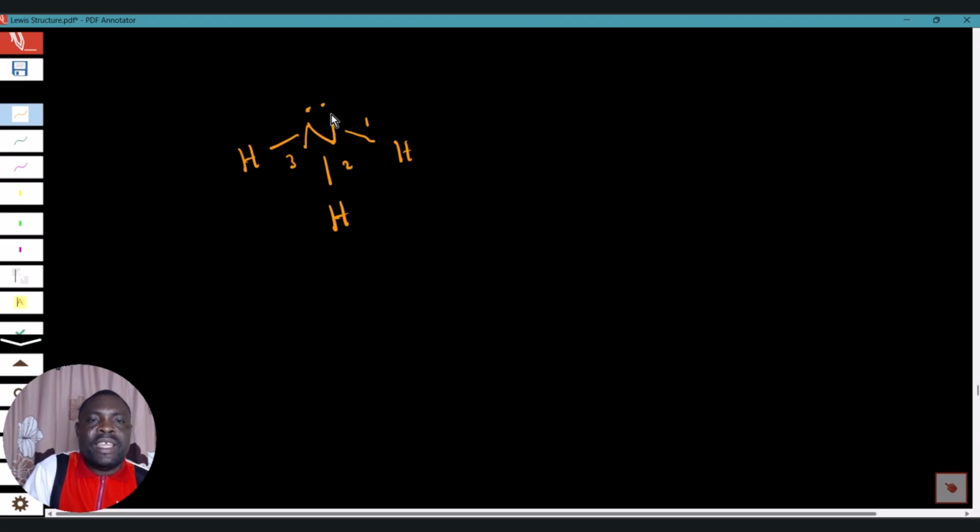So we have 3 bond pairs. And these 2 electrons on the central atom are called lone pair electrons. So ammonia has 3 bond pair and 1 lone pair electron. If you look at water, it has 2 bond pair and 2 lone pair electron.